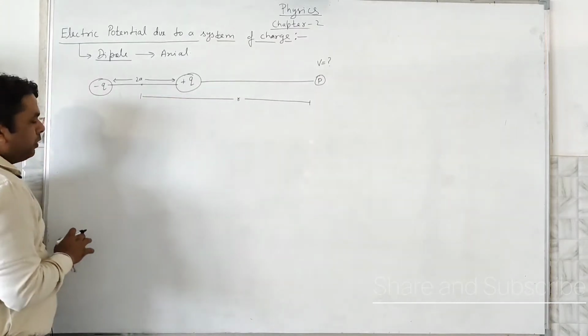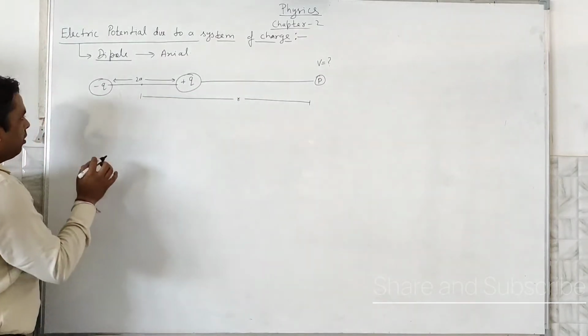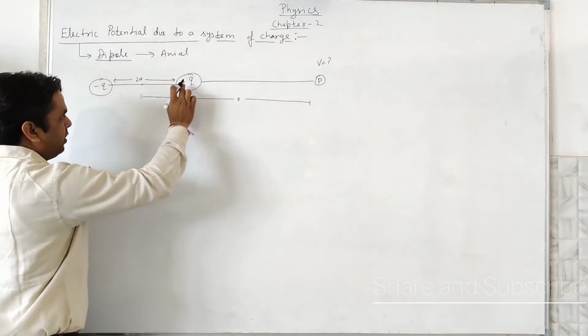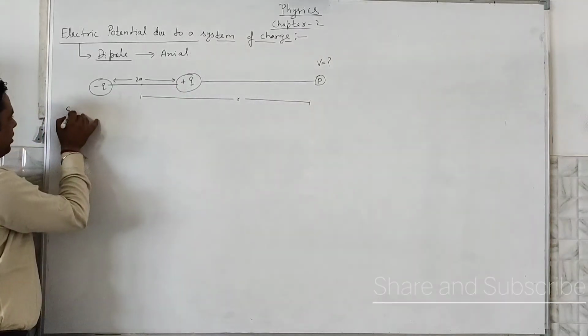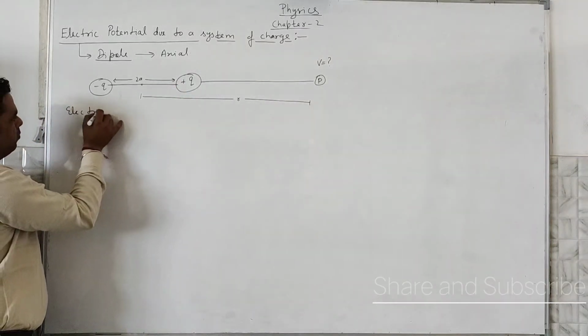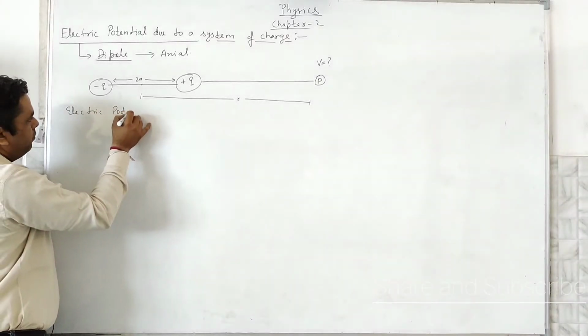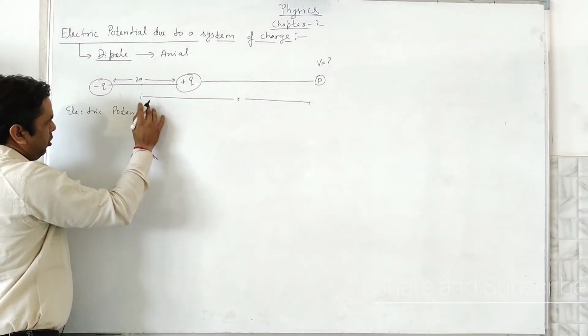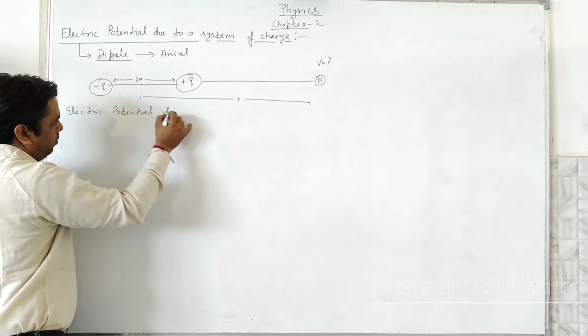Okay. In this case we know the formula for electric potential. First we apply the electric potential due to the positive charge.